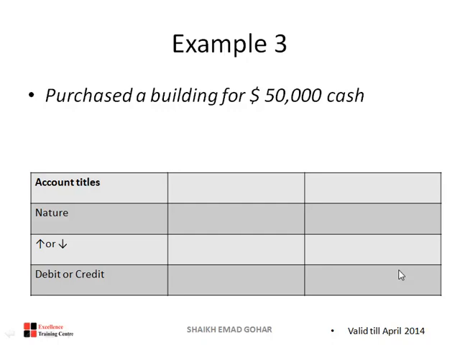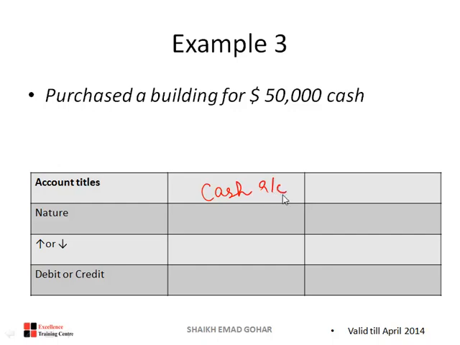Example number 3, purchase the building for... we need to extract account title. Cash is given to you, so you can write cash.